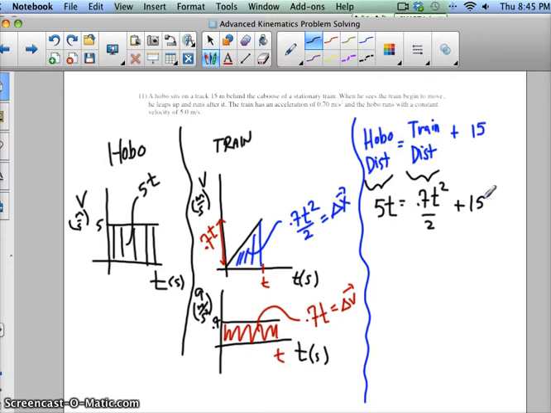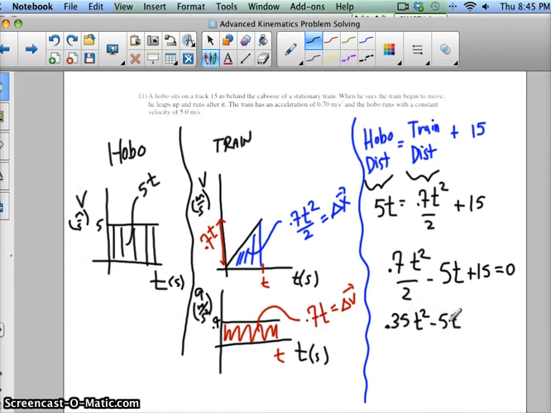And I should rearrange things to make it look pretty. 0.7t squared over 2, minus 5t plus 15 has to equal 0, right? So I get 0.35t squared minus 5t plus 15 equals 0.